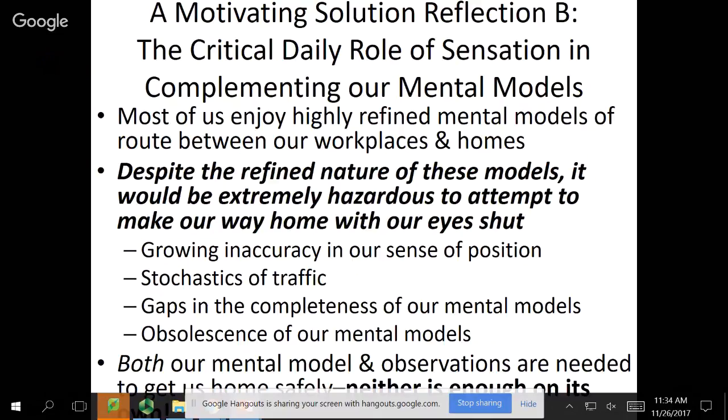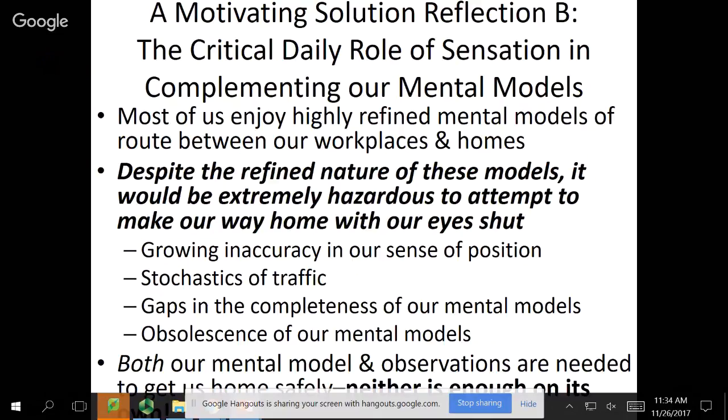At first, I may be very clear about where I am, but as each successive step I take, I'm going to grow less sure about where I am. And both our mental models and our observations along the way, not just our models, but the ability to observe along the way, is needed to get us home safely. And neither is enough on its own. So we need, ladies and gentlemen, to have those inputs along the way to guide us.